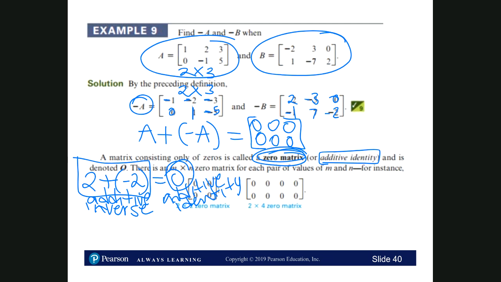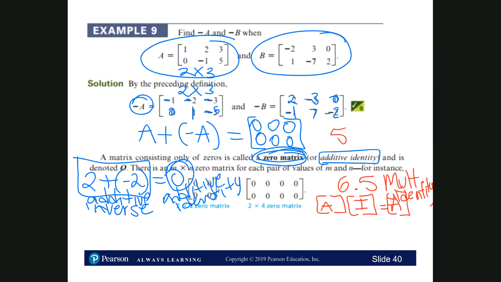In the next section, 6.5, we are going to cover the multiplicative identity of matrices. And that one will be a matrix that if you multiply it by another matrix, you will obtain the same matrix that you started with. Just like if you had a number and you multiply it by a number to give you the same number. And I guess you could all know or guess that the number will be 1.